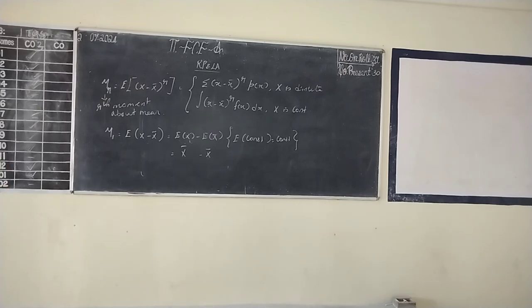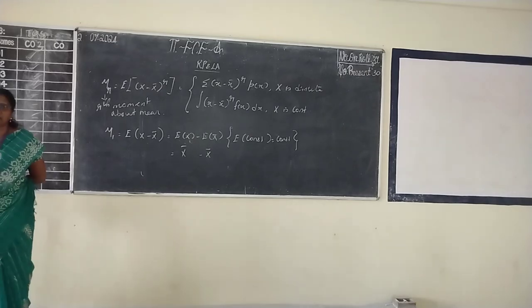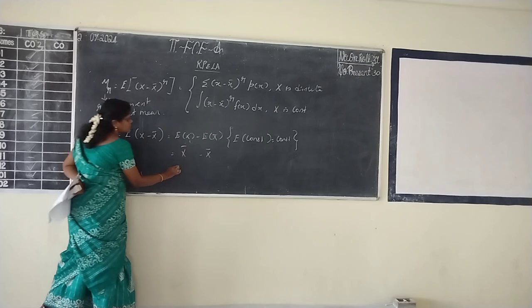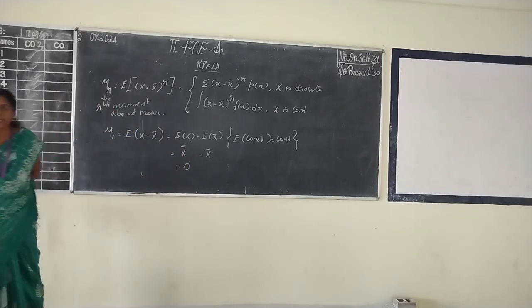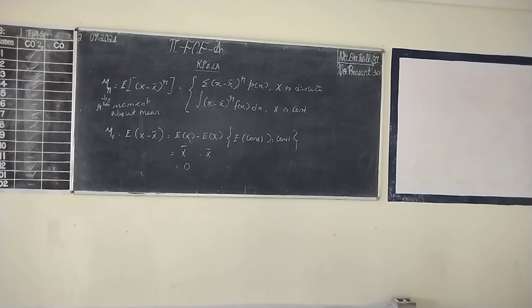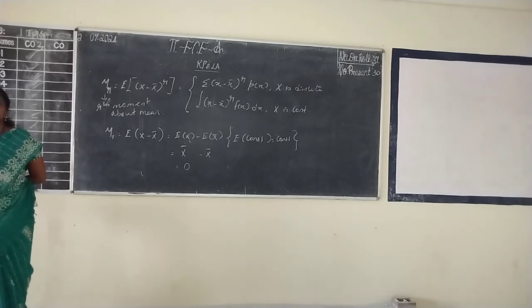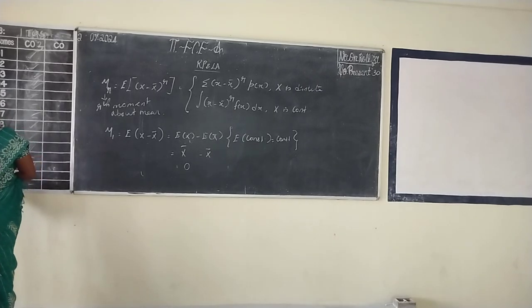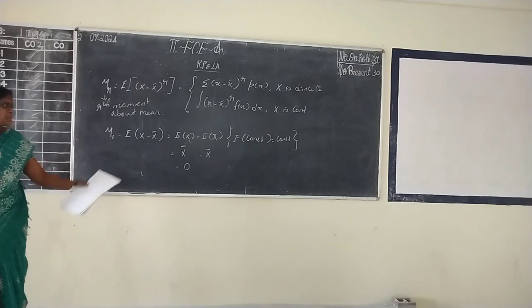Mu 1 dash is equal to mu equal to E of x is equal to x bar. Everything is the same, only the notation varies. What is E of x? The mean. So it is the same as x bar. So what happened to our answer? 0. Always the first moment about mean is 0, whatever may be the problem. So the first moment about mean is 0. This is the explanation why it is becoming 0.